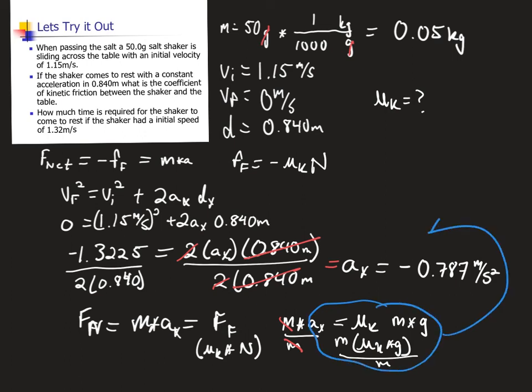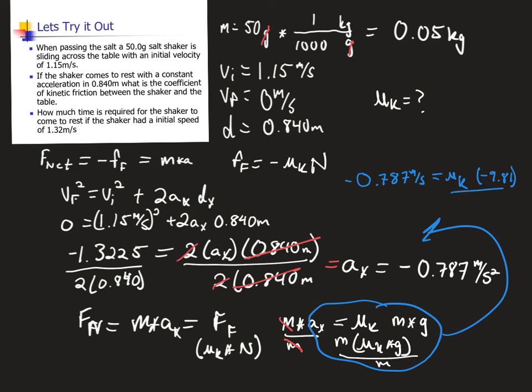Taking that and moving it into the empty space, I have my negative 0.787 meters per second squared is equal to my mu sub k times gravity, which we know is actually negative 9.81.